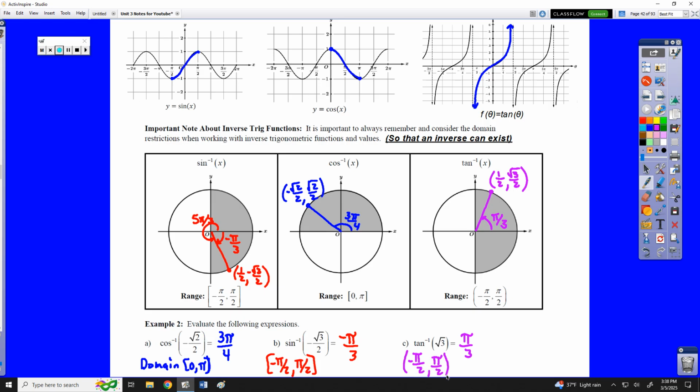You're not including those pi over 2 values because they are vertical asymptotes. So again, your answer to any of these questions should match those restricted domains.